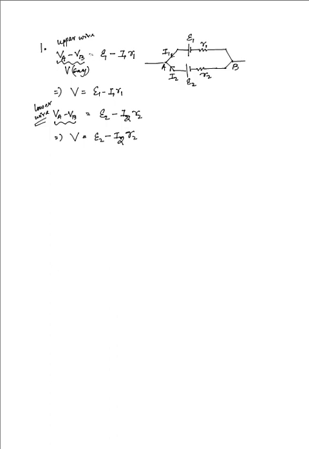With all these things available, what we can get over here is simply I1 is equal to E1 minus V divided by R1, and what about I2? I2 similarly is equal to E2 minus V divided by R2.